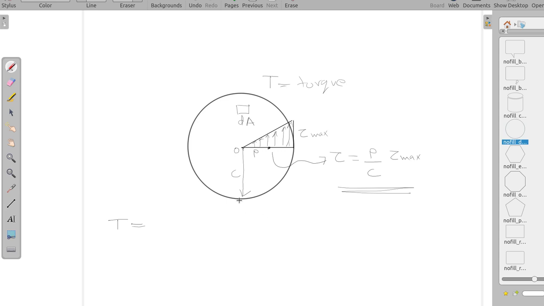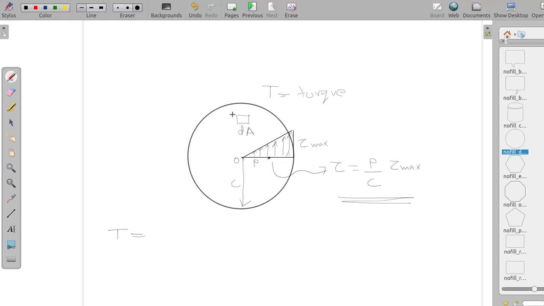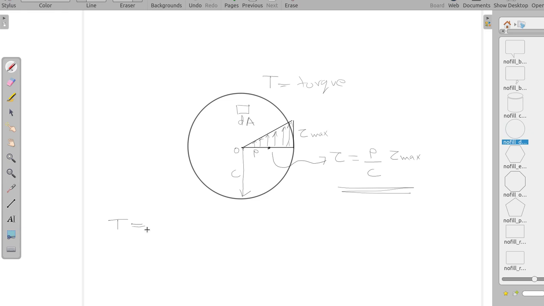So if we find out the torque on the member due to force applied on dA and integrate it throughout the member, we will get the total torque, right?